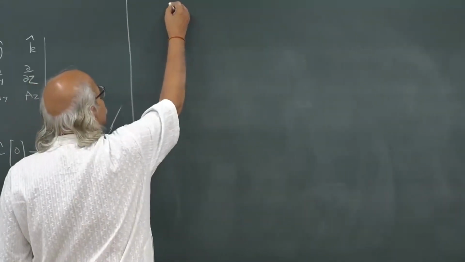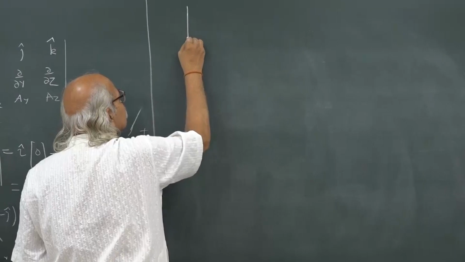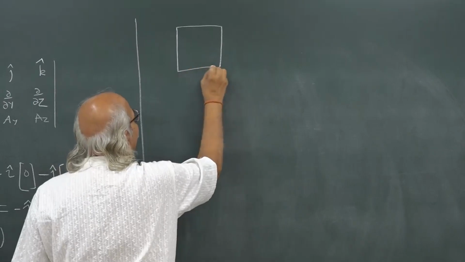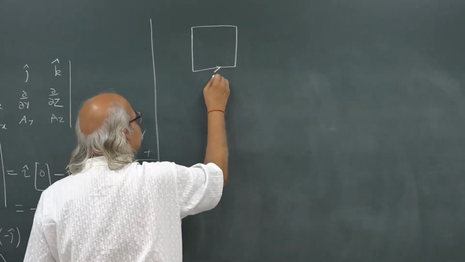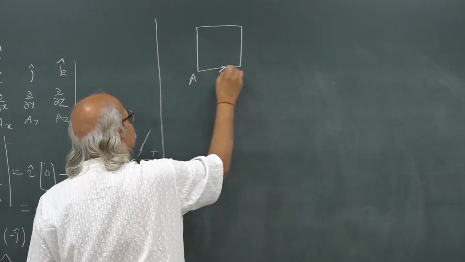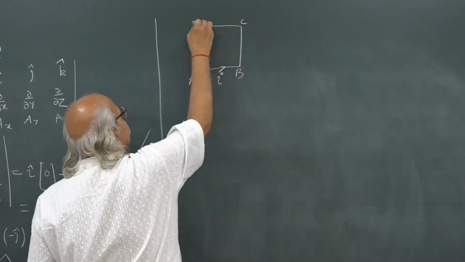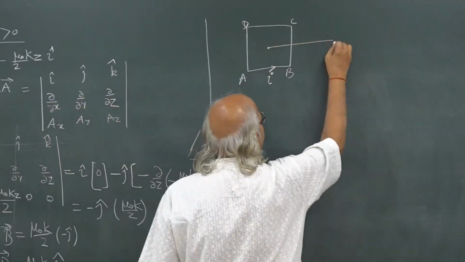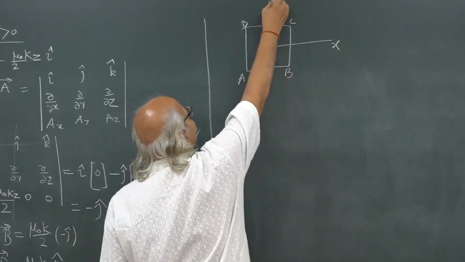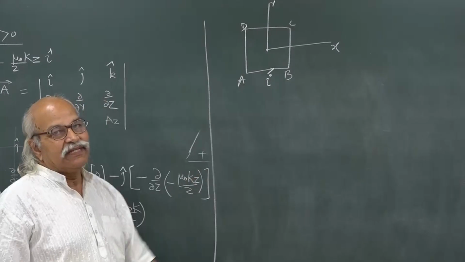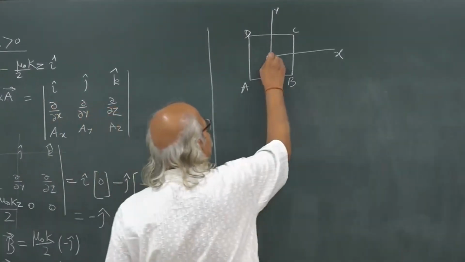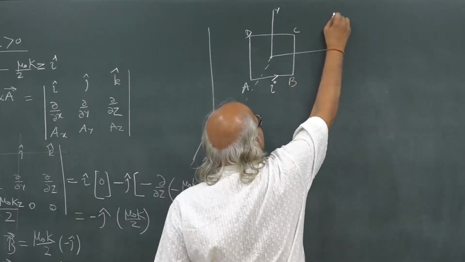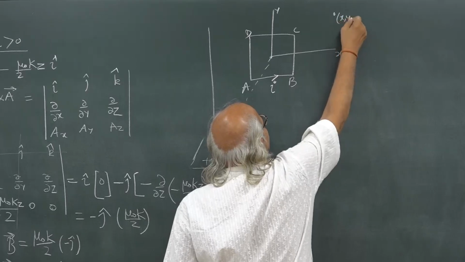So, suppose we have a square loop and we have current I here, with corners A, B, C, D. We can take the origin here, the x axis this way, the y axis this way and the z axis coming out of the board. This will be the z axis, and then we need the vector potential at a general point, say x, y, z.